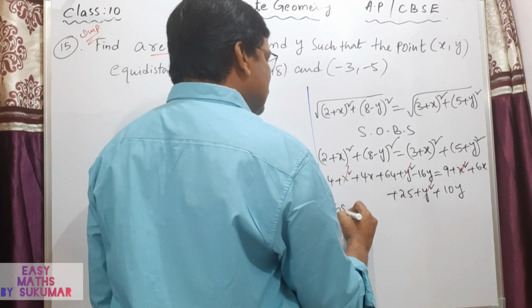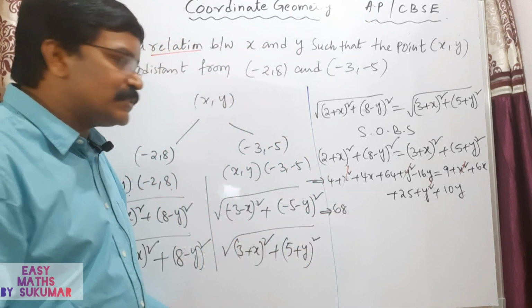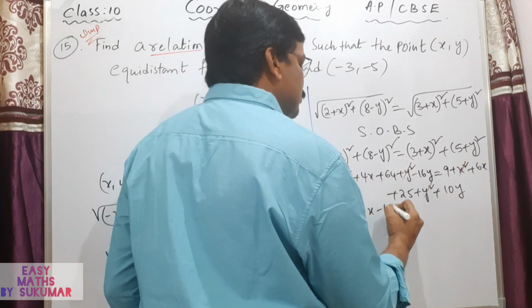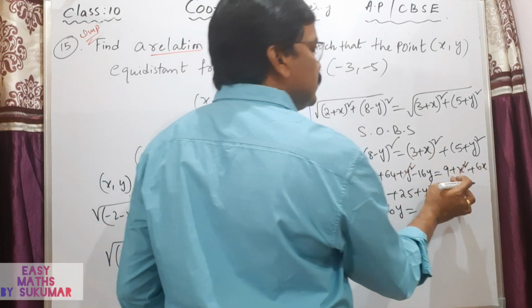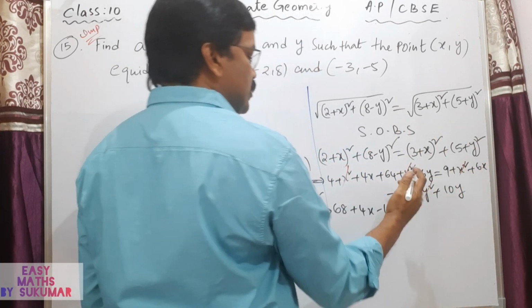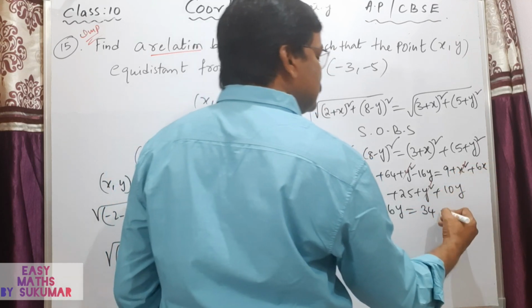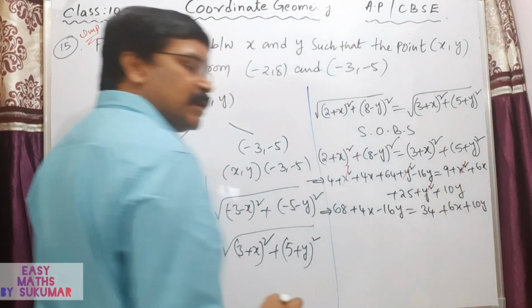That is 68. So here 68 plus 4x minus 16y is equal to, now coming to the right hand side, 9 plus 25 is 34. Next plus 6x plus 10y. Okay, this is the right hand side.